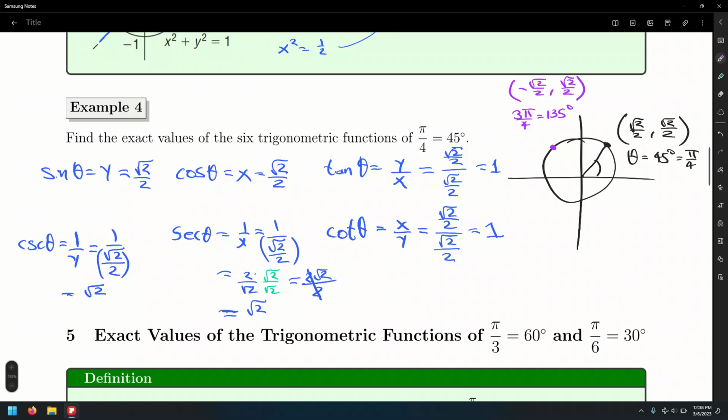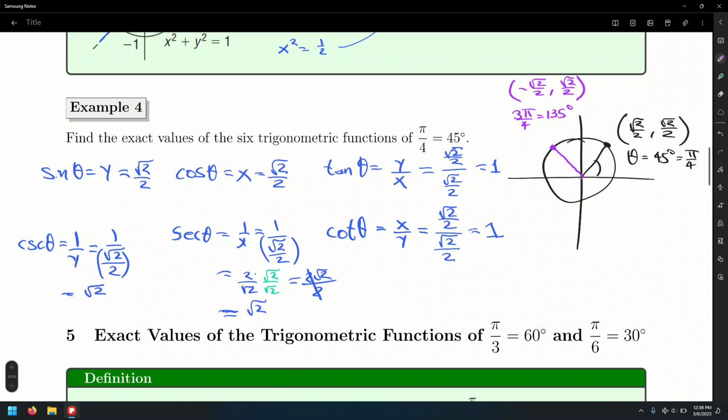If you were asked to find the trigonometric functions for 3 pi over 4 or 135, it's the same reference point, root of 2 over 2, however changing the sign of the x component, because that goes with the direction and the location where the point will be, negative in the x direction and still positive in the y direction.